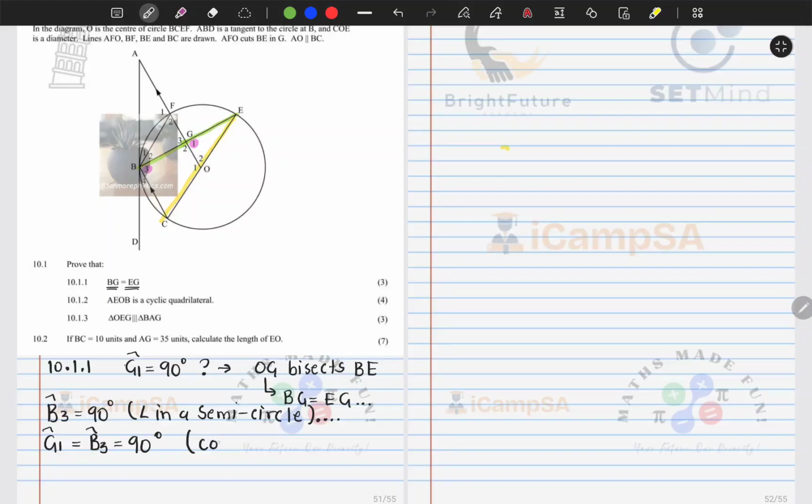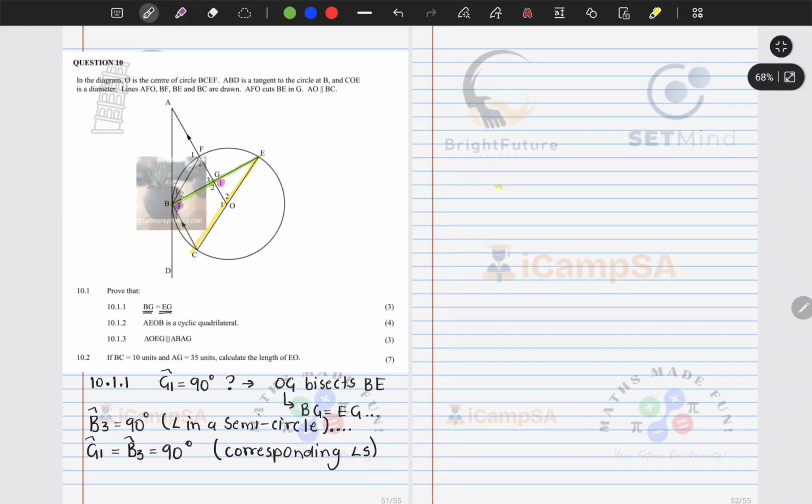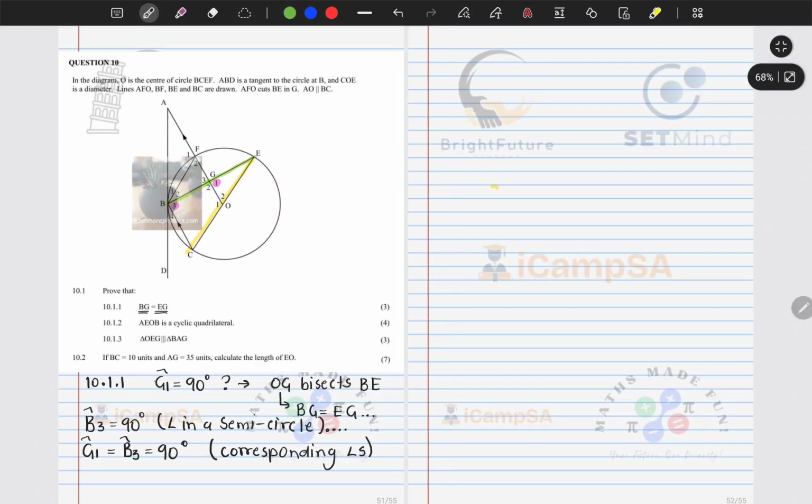Why is that? This is because of corresponding angles. Okay. So as you can see, G1 is therefore equal to 90 degrees. So this means we are making a 90 degrees angle there. So we can then conclude on this very easily.